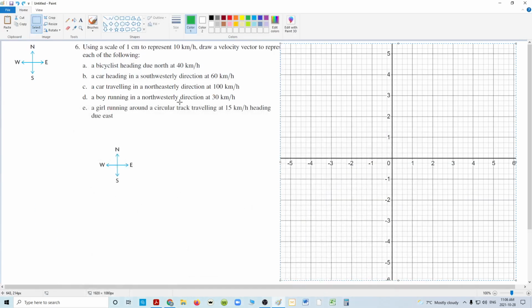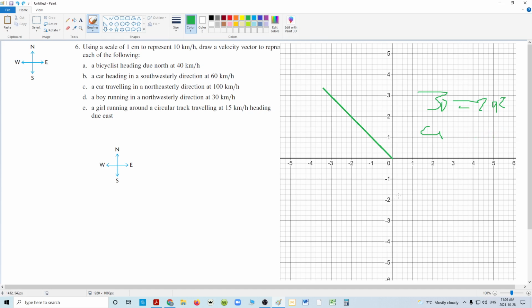A boy running in the northwesterly direction at 30. Okay, so same sort of thing. We know it's going to go a bit past 30. We know that 30 is going to be equal to 2A squared, so A is going to be the square root of 15.